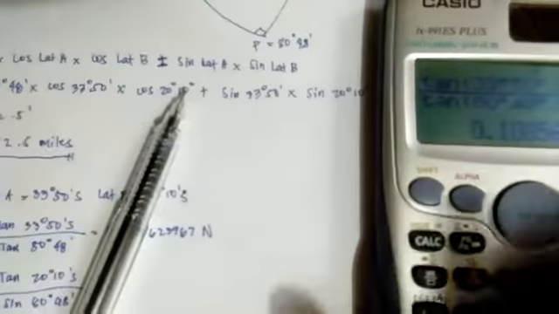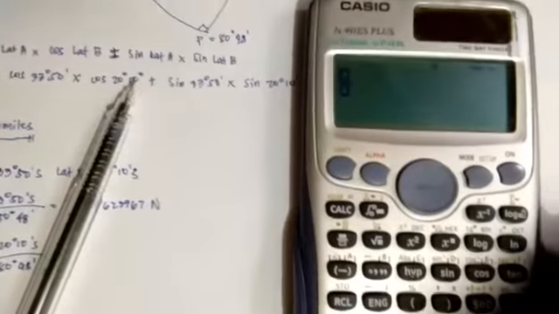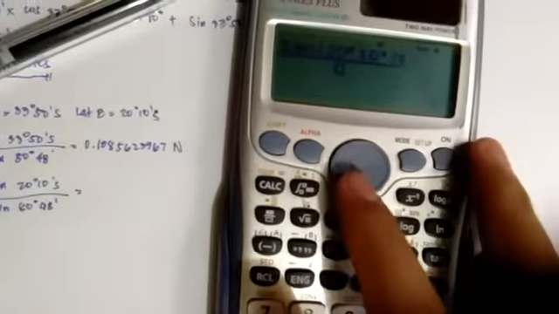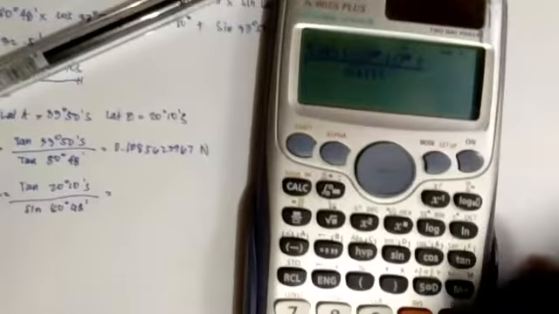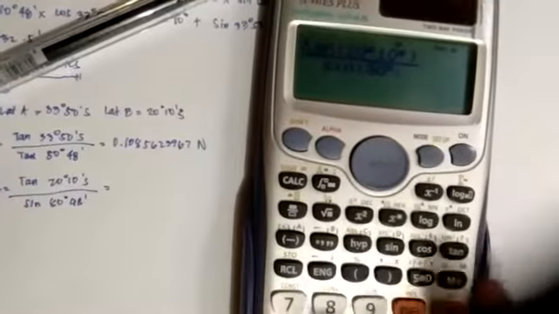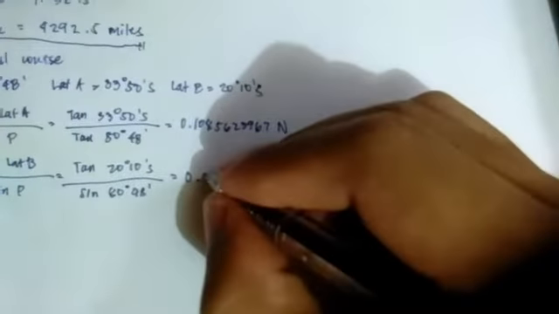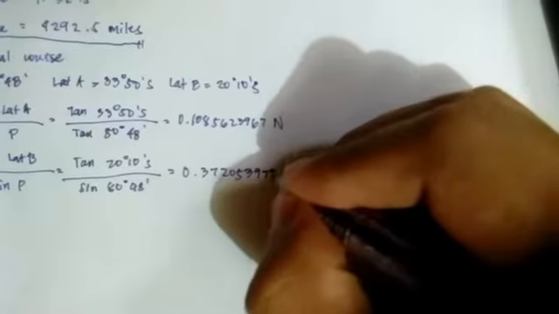So we'll put it in our calculator. Tan 20 degrees and 10 minutes over sine 80 degrees and 48 minutes. So we will get 0.372053973.